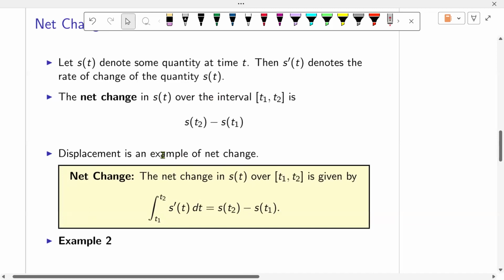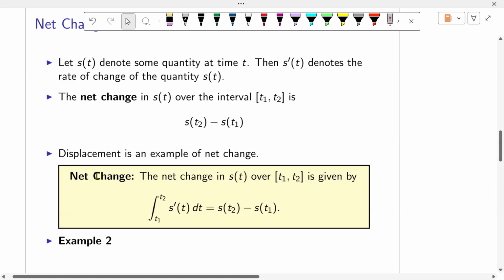And so we sort of want to generalize this idea of displacement. Displacement is like an actual physical thing, but we want something similar to it that can be applied to different settings. And so we're going to introduce this idea of net change. So imagine S of t is just a function that gives some quantity at time t.